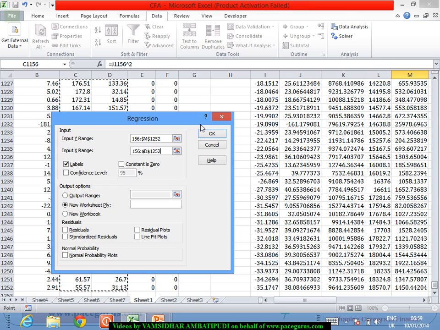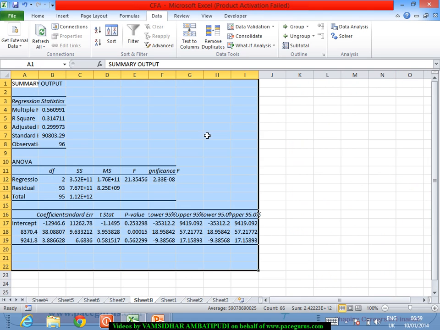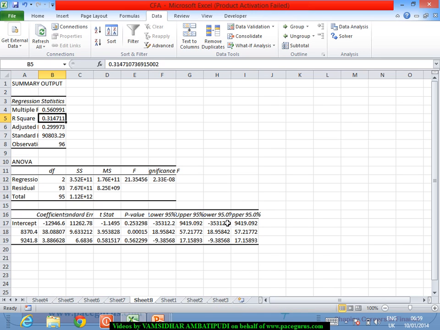Now, when I am taking this, the r squared is coming out to 0.31. In this particular analysis, the r squared is coming out to 0.31. This r squared is not from the original regression equation.